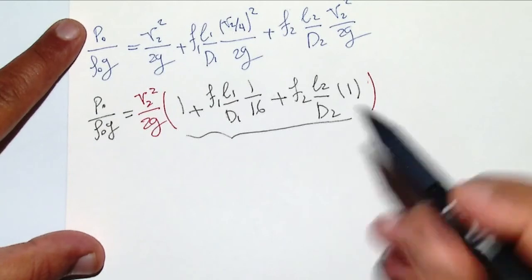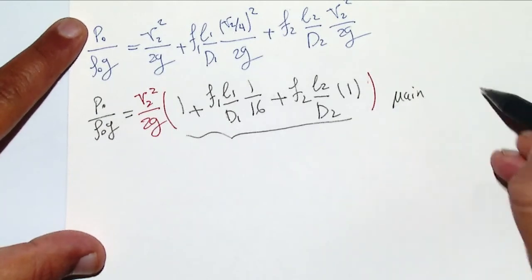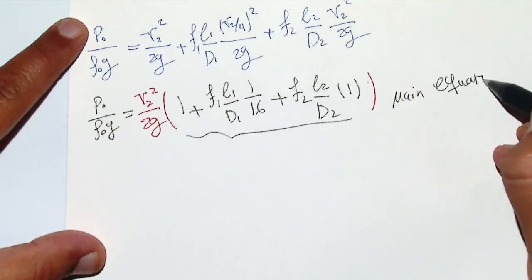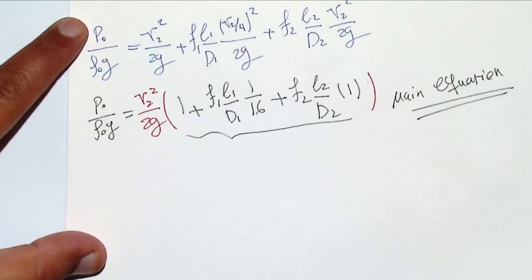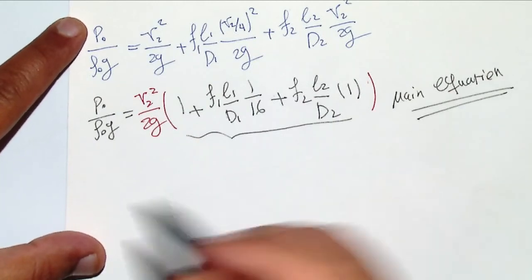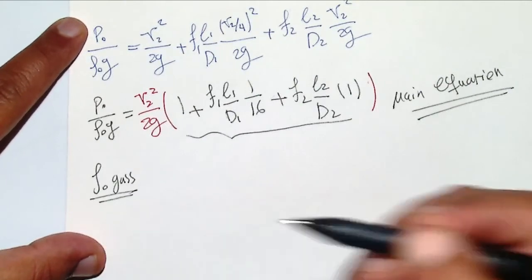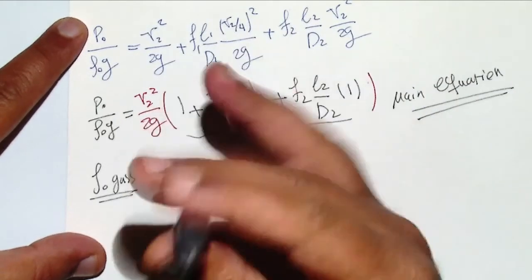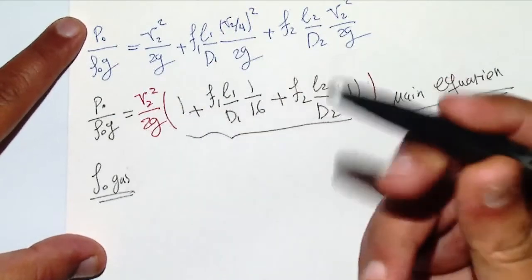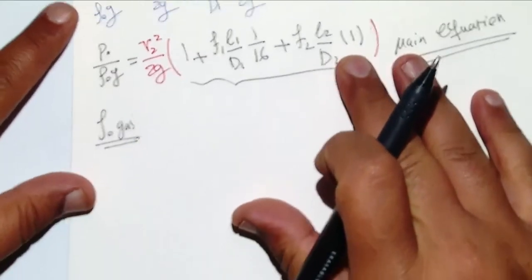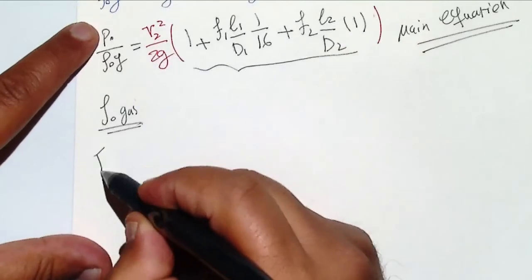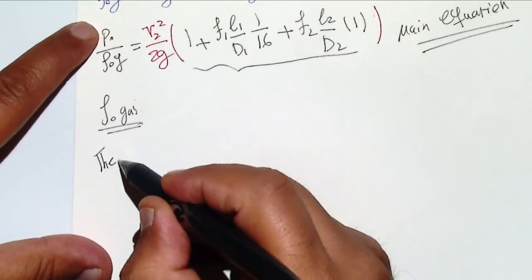But if that's your main equation, still one of those is unknown. That's rho of the gas. Rho of the gas is not given, okay? So you can use the thermodynamics equation for gases.